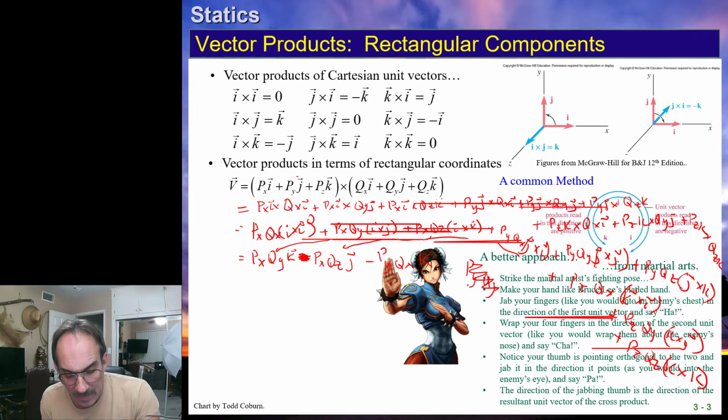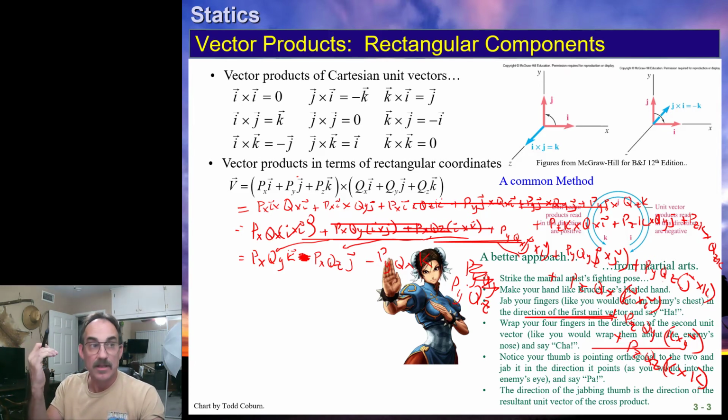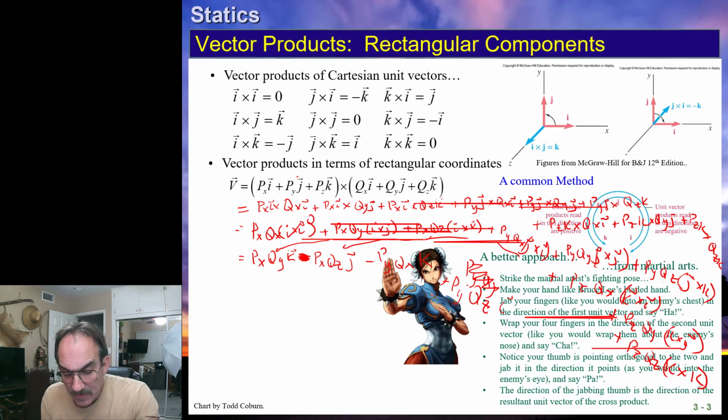Over here we've got Py Qz, J cross K. J cross K is going to be positive I. Then we've got this term here, Pz Qx, and that's K cross I. K cross I is positive J.